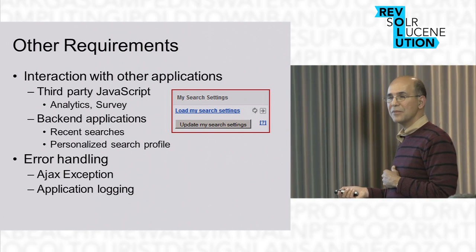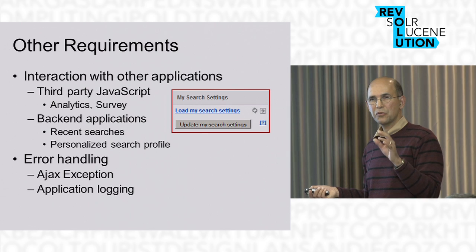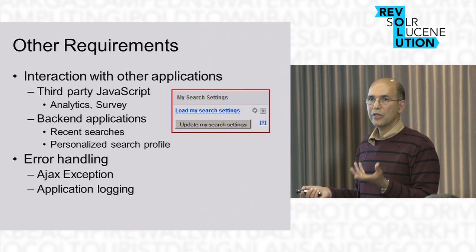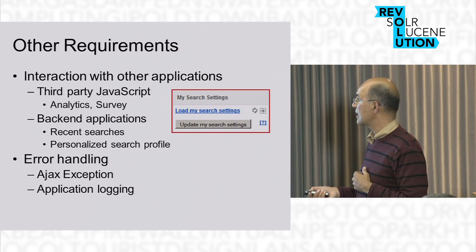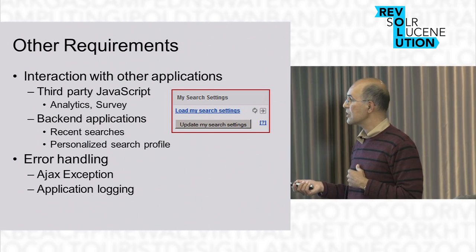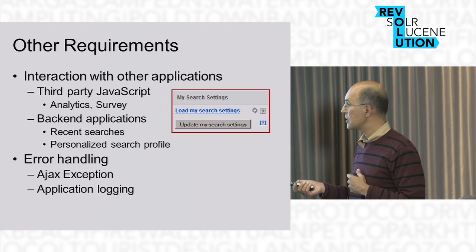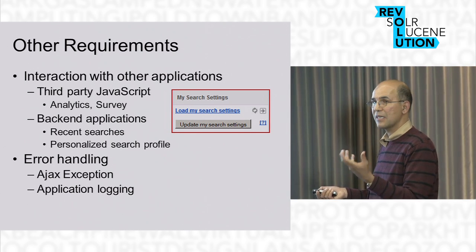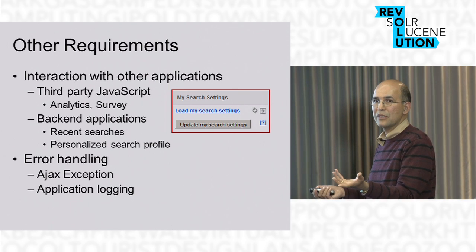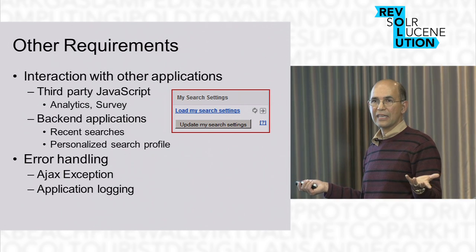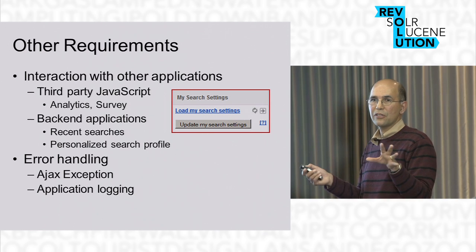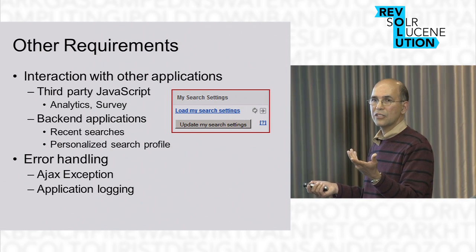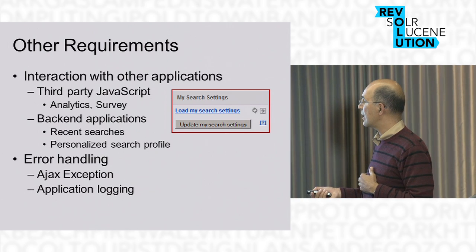Error handling is something that people don't realize or pay much attention to because it's not part of the main function of the application. With JavaScript, and especially AJAX applications, you have to pay close attention to it. If you don't handle it, the browser doesn't react to anything. It looks as if nothing is happening, whereas in the backend there is a 500 error, HTTP errors coming back from the server.